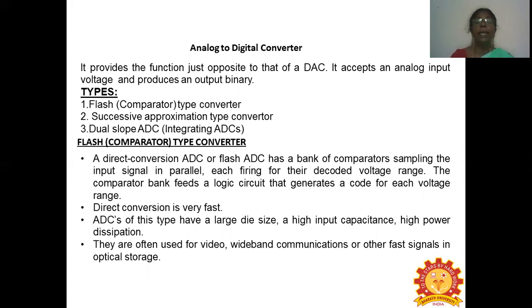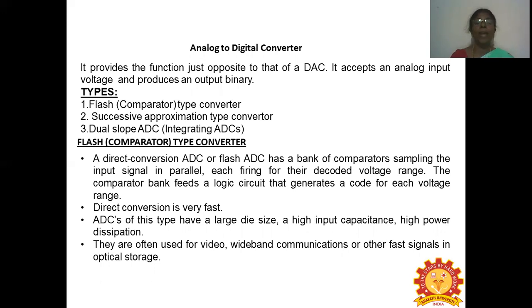There are three types of analog to digital converter available. First one, the flash type converter; second one, the successive approximation type converter; third one, the dual slope A to D converter. But here I want to discuss only two types.